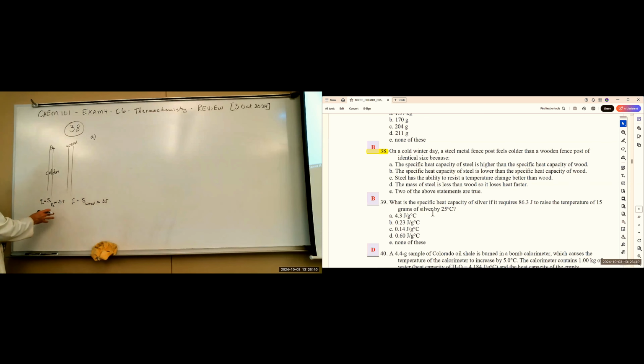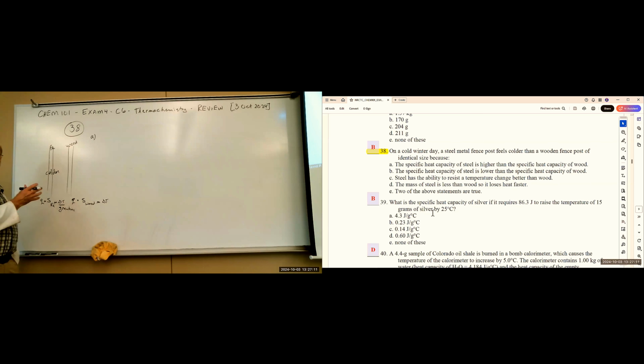So what happens if the amount of heat transferred, if we hold that constant, then that means that we've got an inverse proportion. As the difference in temperature goes up, the specific heat goes down. So if we feel it colder, then the change of temperature is greater for this one.